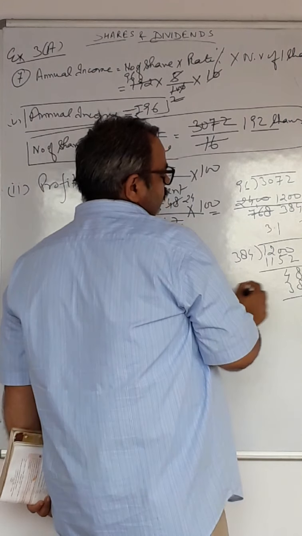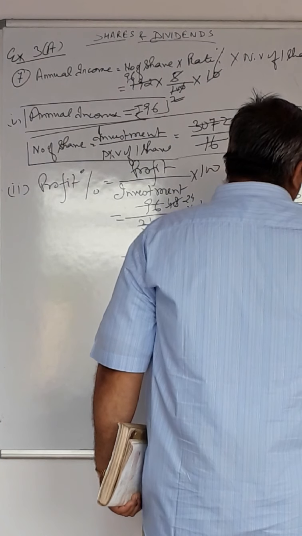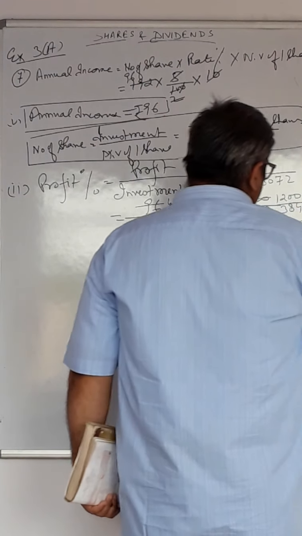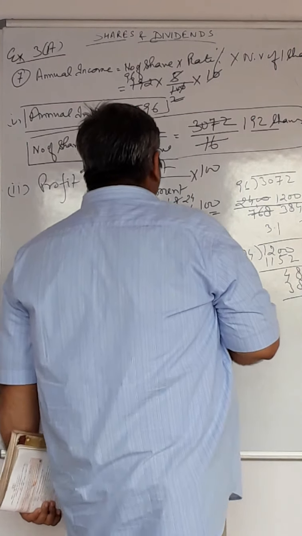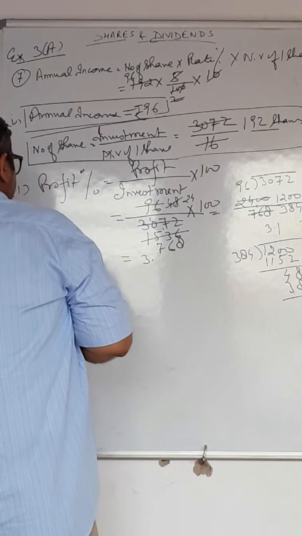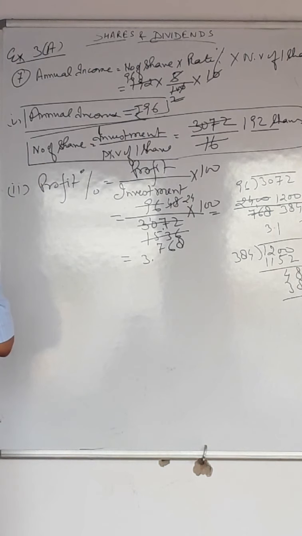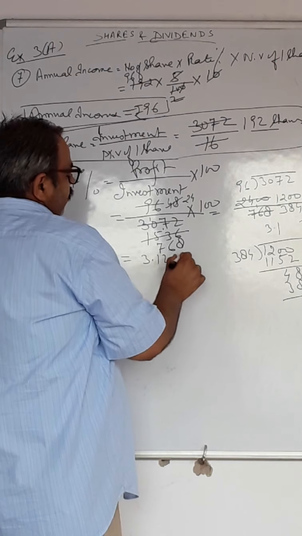So after 3.1, solving, maybe 2 times, 2%.